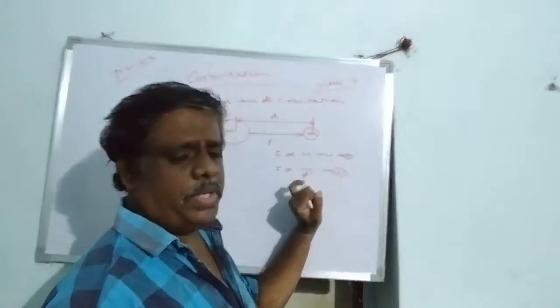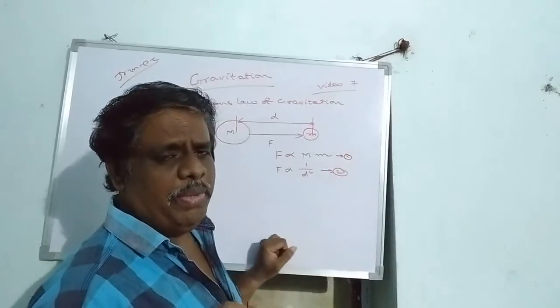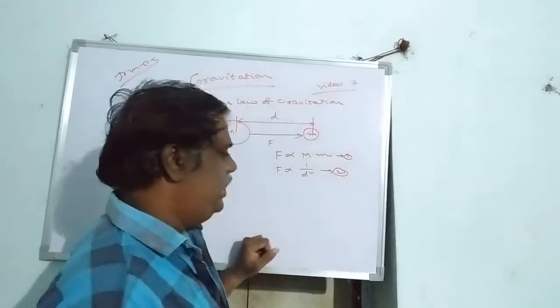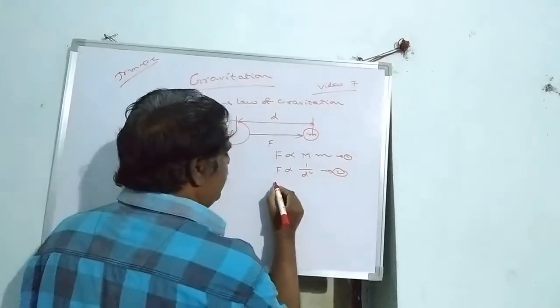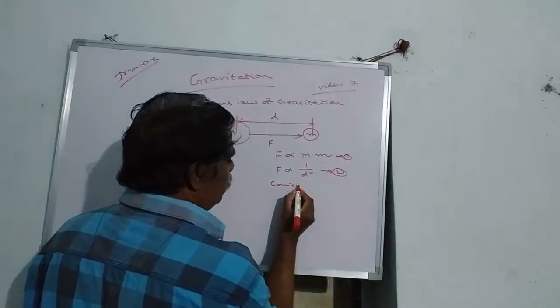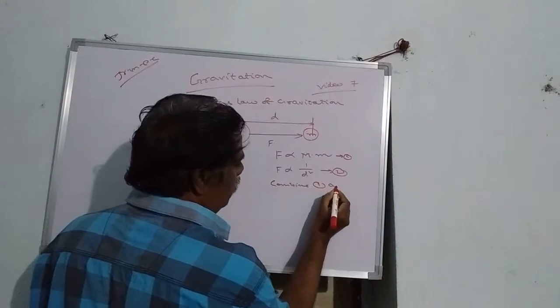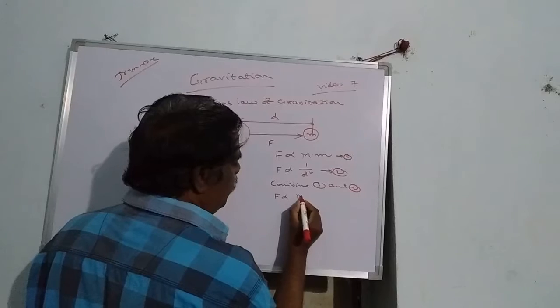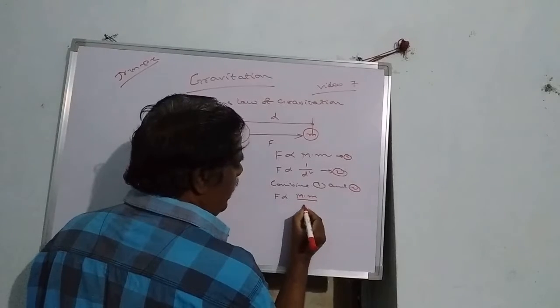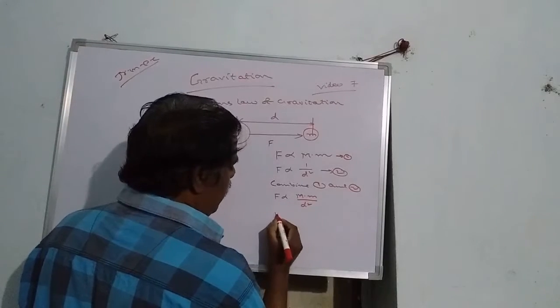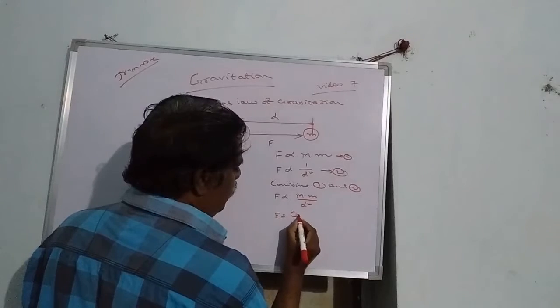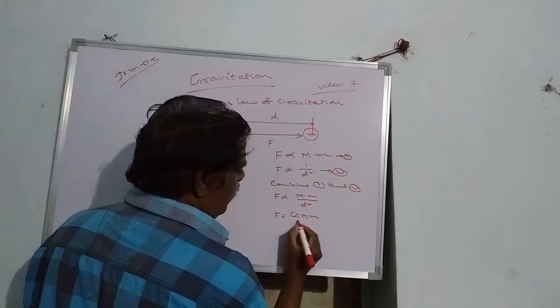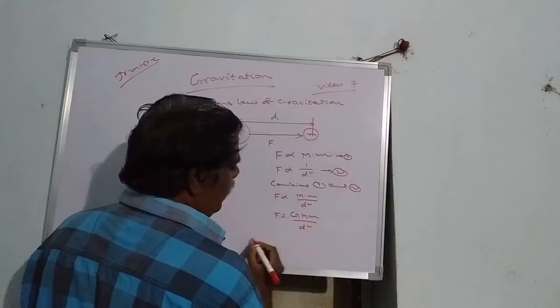And it is inversely proportional to the square of the distance between the two bodies. Let us combine 1 and 2. What we get? F proportional to Mm by d square, or F is equal to G Mm by d square.